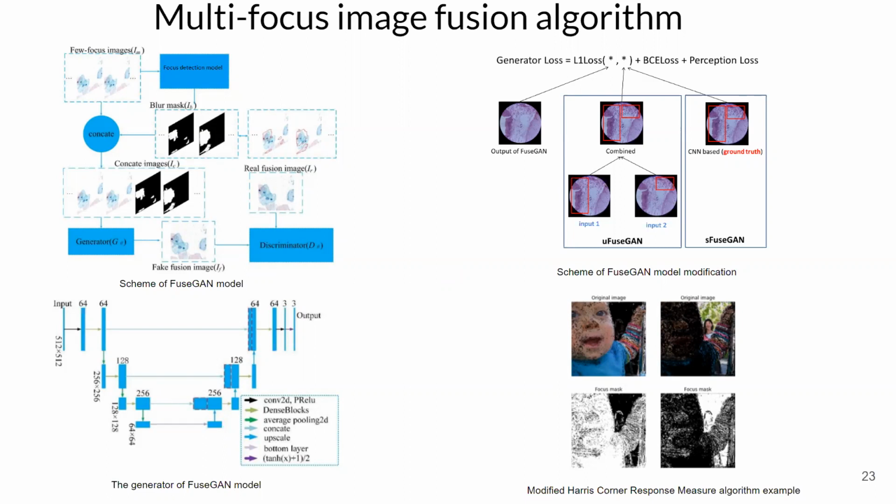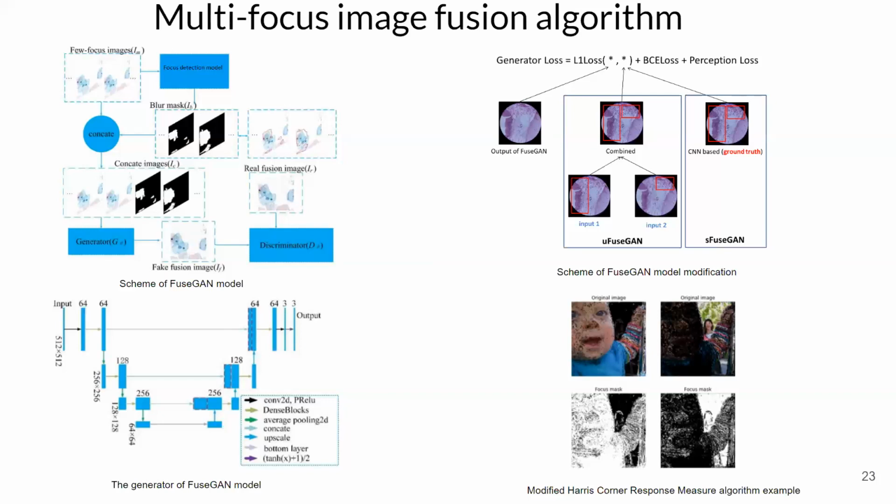The model that is trained only on ground truth can smoothly combine the focus parts of the several input images, but some details are lost or blurred. To avoid this effect, we have slightly changed the optimized loss function. Instead of putting the ground truth image into the L1 loss, we combine the focus parts of input images according to their masks and put the resulting combined image into the loss function. This allows us to get more detailed images.